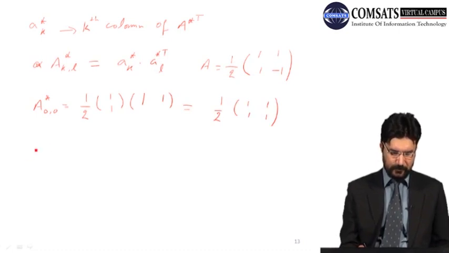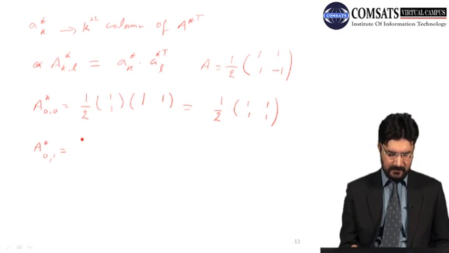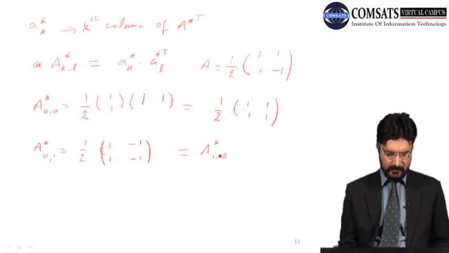Similarly, we can also compute for A star 0 and 1, that is the 0 and 1th basis image, which will give a half into 1 minus 1, 1 minus 1, and which will be the same as A star 1 and 0, that is the 1 and 0th basis image.